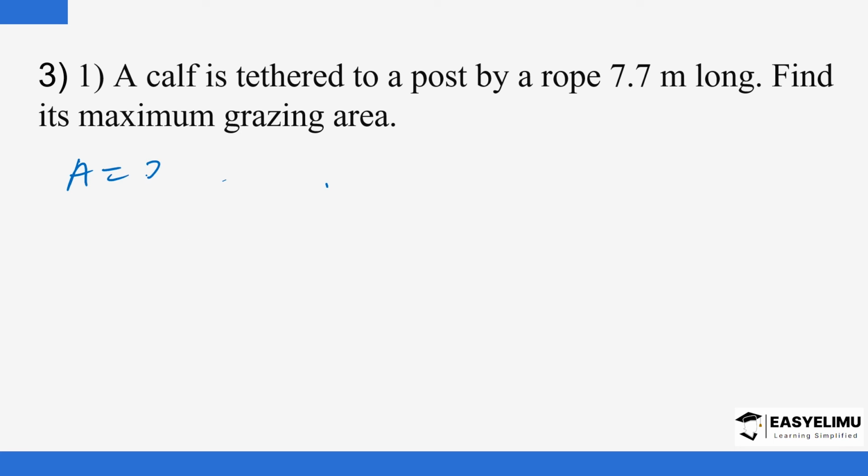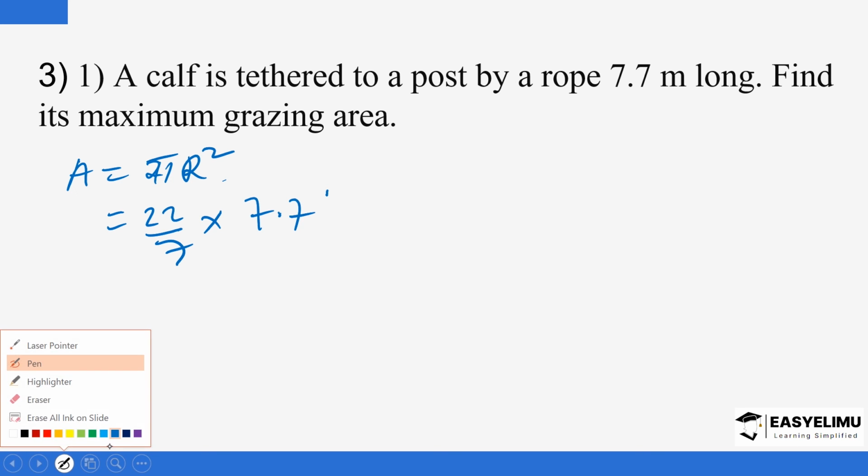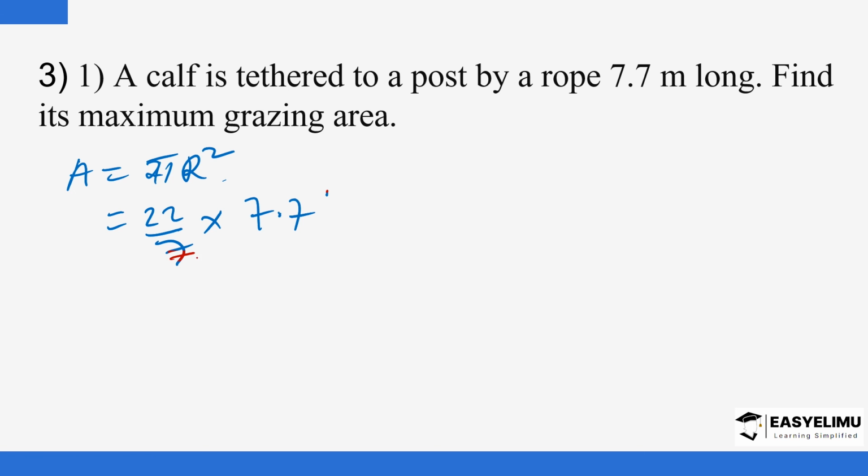So area again is equal to pi r squared. So pi is 22 over 7, and r is what? 7.7. So just like we did in the previous one again, this is 7.7.